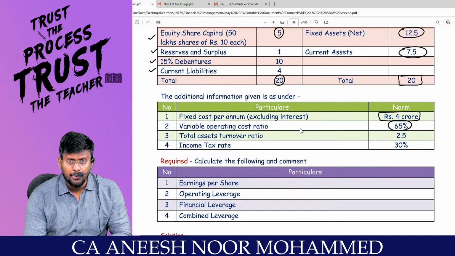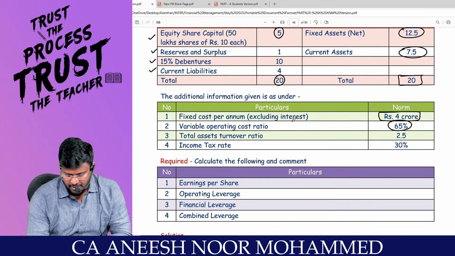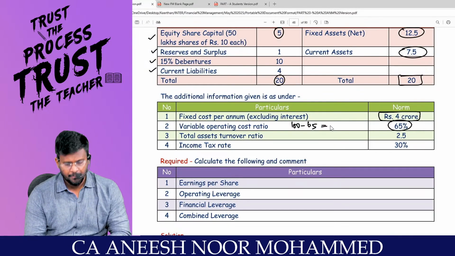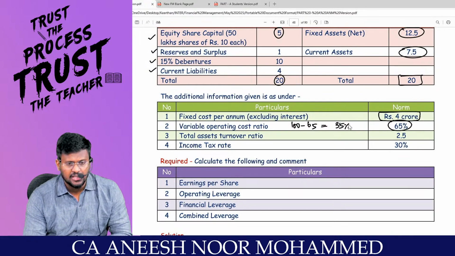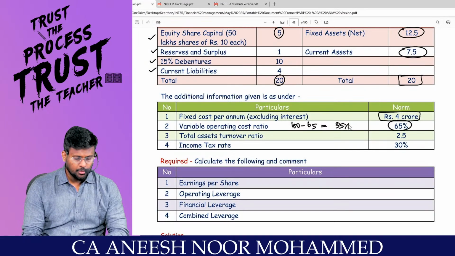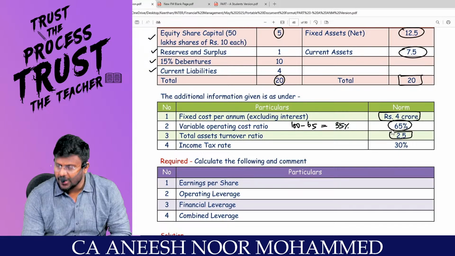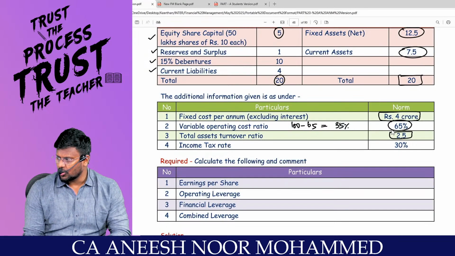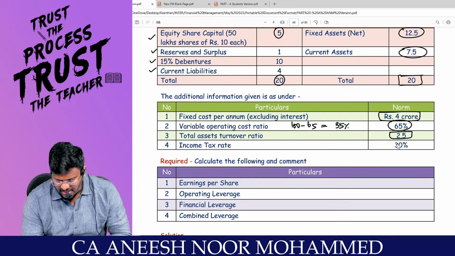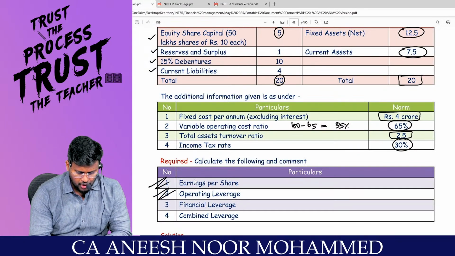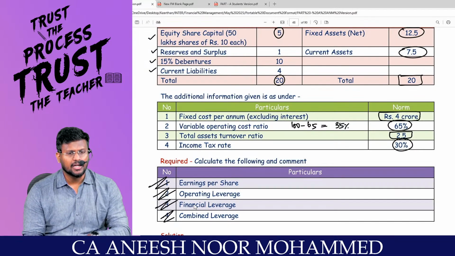If the variable operating cost ratio is 65%, 100 minus 65 is equal to 35%, which is the profit volume ratio. Total asset turnover ratio is 2.5 times. Income tax rate is 30%. Calculate EPS, operating leverage, financial leverage and the combined leverage.